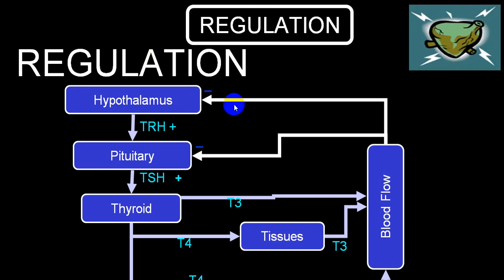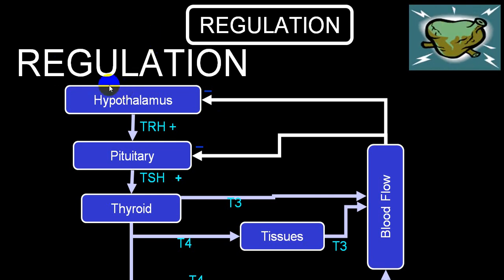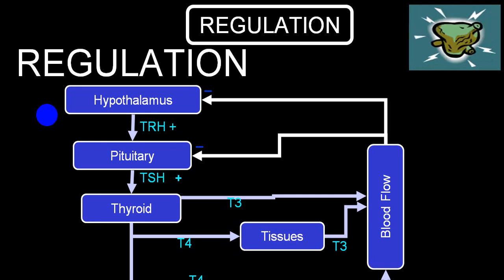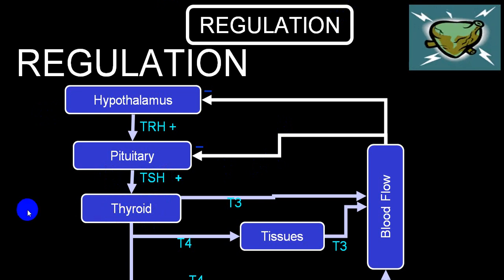As far as regulation is concerned, the hypothalamus manufactures TRH, thyrotropin releasing hormone, which will act on the anterior pituitary, on what we call basophilic cells, and will release TSH hormone, the thyroid stimulating hormone, which will stimulate the thyroid gland, will increase the uptake of iodine, and will manufacture T3 as well as T4.